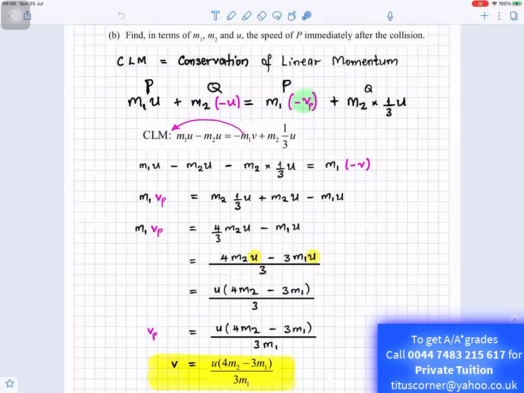Then we can factorize u out; u is common, so we take u out of the bracket. We're left with (4m2 minus 3m1) divided by 3. Now we divide by m1. So the final speed of P is u times (4m2 minus 3m1) over 3m1.